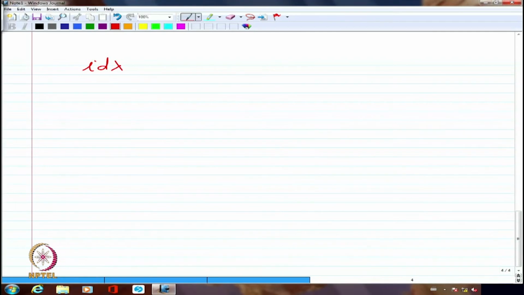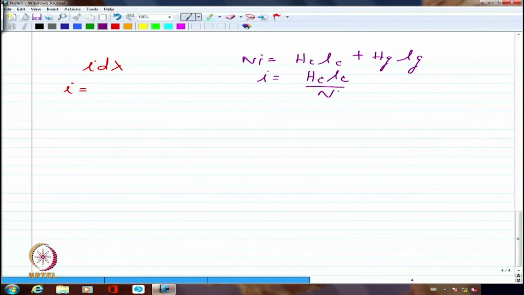That's why I am going through this. I can write, because I wrote already N I equal to Hc Lc plus Hg Lg, I equal to Hc Lc divided by N plus Hg Lg divided by N. So I should be able to substitute that I here. So I don't have to write I again.